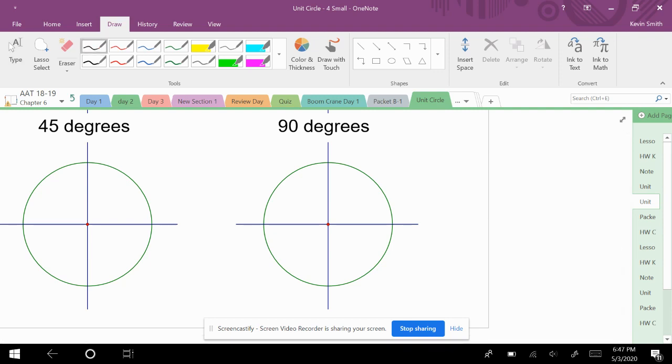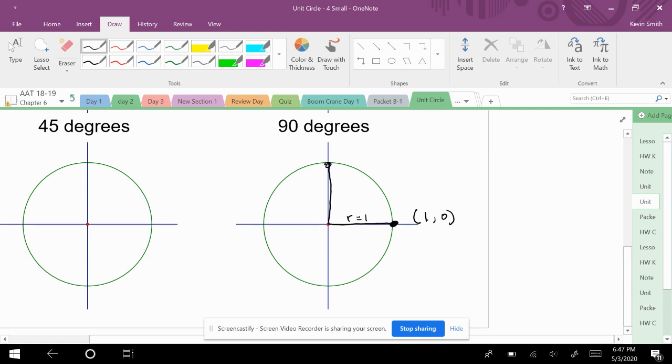So for 90 degrees, there are 4 angles we have to look at. Right here would be 0 degrees or 360. Since this is a unit circle with a radius of 1, this point is simply 1, 0.